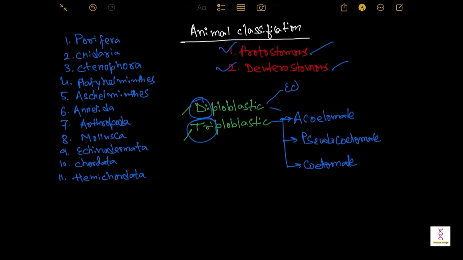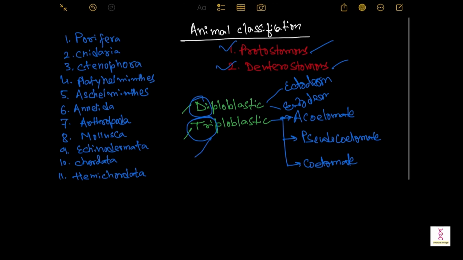In triploblastic animals, three types of germ layers are present: ectoderm, endoderm, and the last one is mesoderm. Examples of diploblastic animals are Cnidaria and Ctenophora phylum animals.